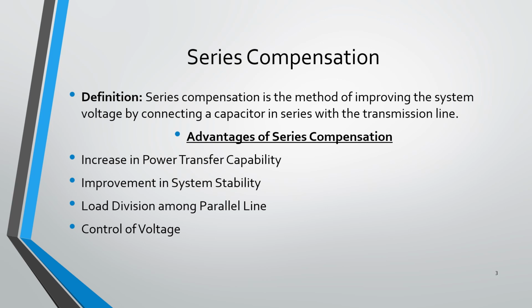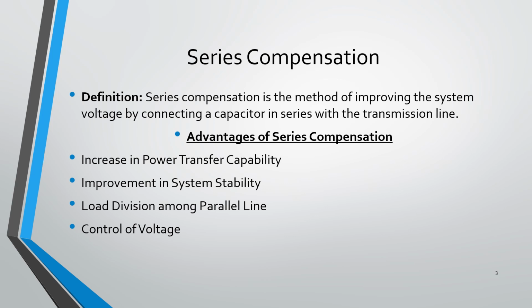Series compensation has some advantages. These can be increased power transfer capability, increased transmission capacity, improved system stability, control of voltage regulation, or ensuring proper load division among parallel feeders or distributors as well. These advantages we will discuss step by step.